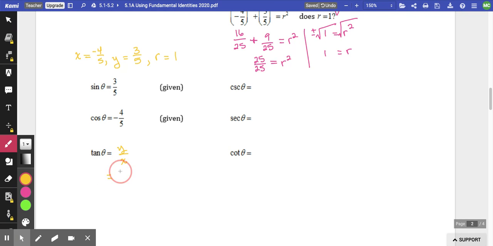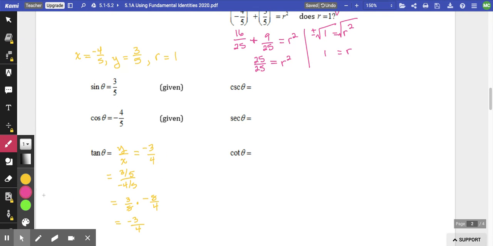So my y value is 3/5, my x value is -4/5, and when I'm dividing those, of course, I'm going to show one less step this time. That's the same as multiplying by the reciprocal of the denominator. The 5s would then cancel. So on top, I'd have a -3, and on the bottom, I'd have 4. So my tangent of this theta would be -3/4.